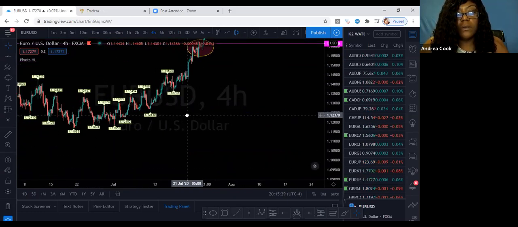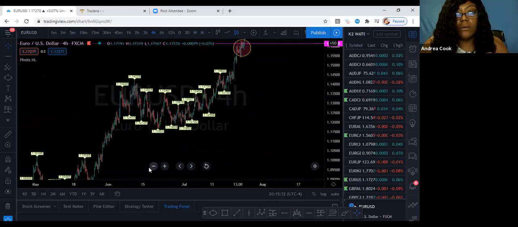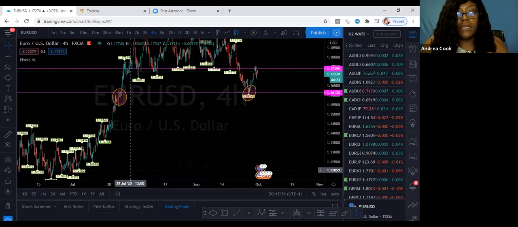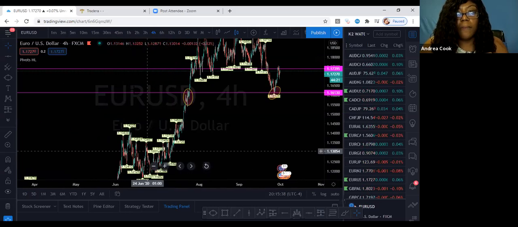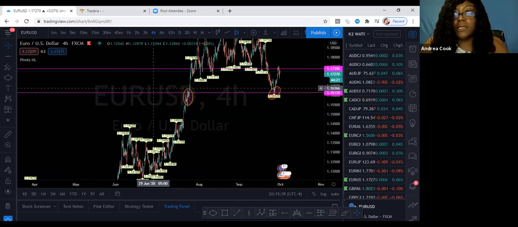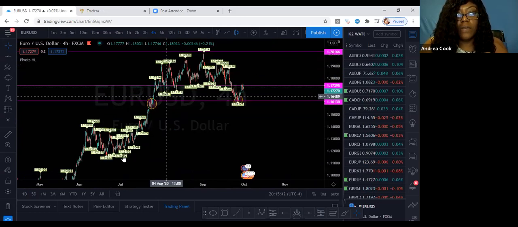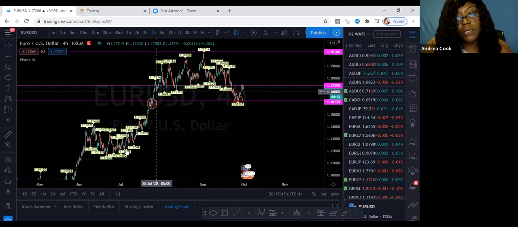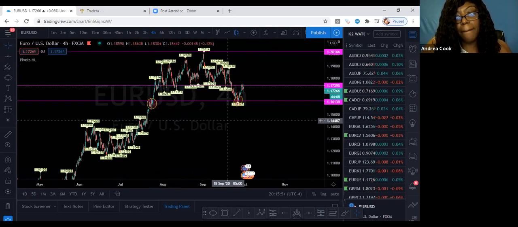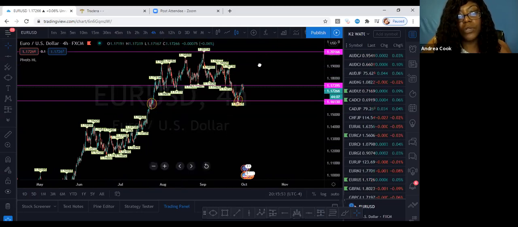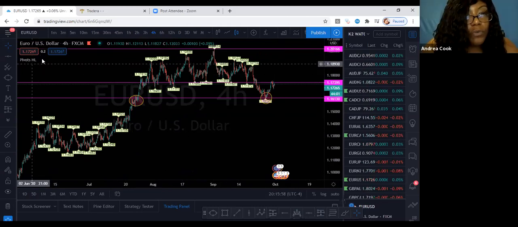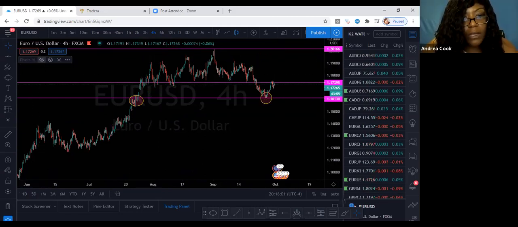Let's see. Does everybody agree that here we're in an uptrend? Does everybody agree with that? Yes. Okay, so I'm going to hide the pivots for a moment.